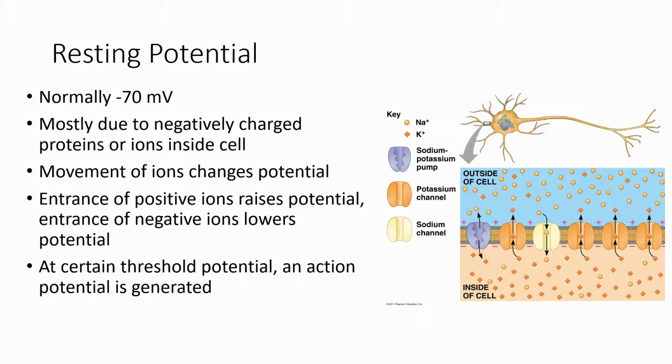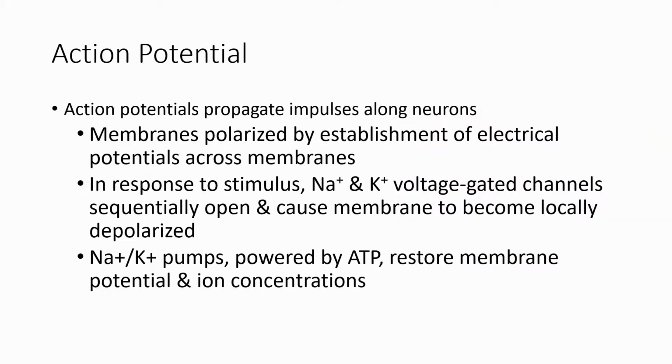And it's this rapid change in charges. So what ends up happening is you pass an action potential along a neuron from the cell body all the way to the other end. This is going to be made possible by what are called voltage-gated channels. They open in response to changes in voltage.